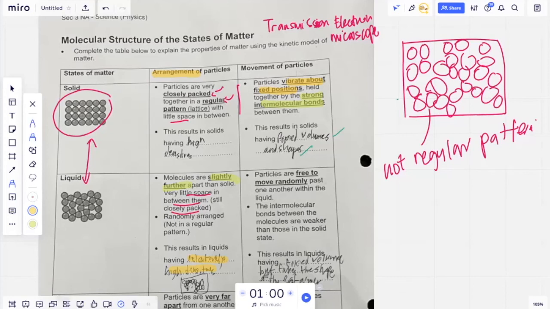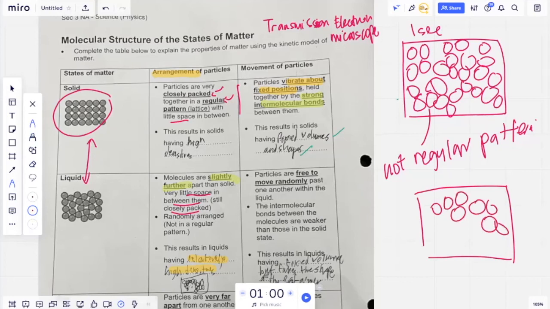Now a different thing. One second ago the arrangement of liquid molecules may be like this. Then the next moment they can shift. All these atoms or molecules can move.